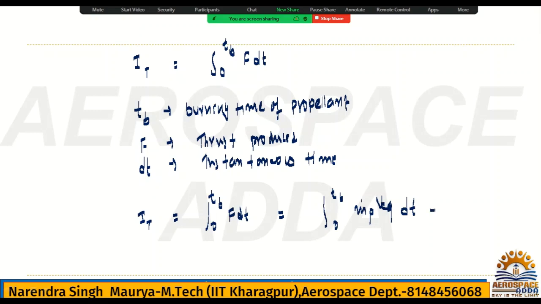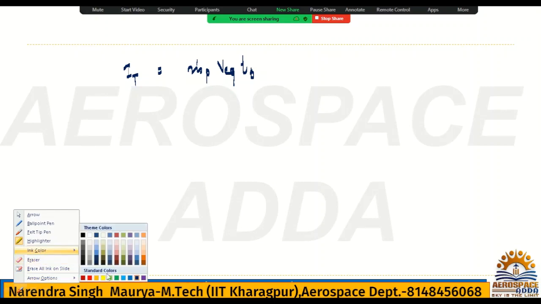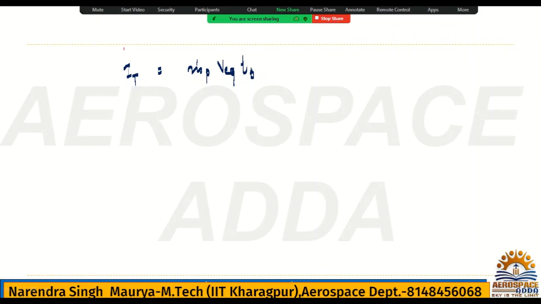So now if we integrate it, dt will be t, and if you put the limit, then it is tb. So now what is the total impulse? You can say it is equal to m dot p v equivalent into tb. tb is the burning time of the propellant. Okay, this is the formula.